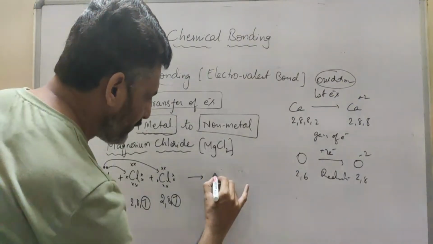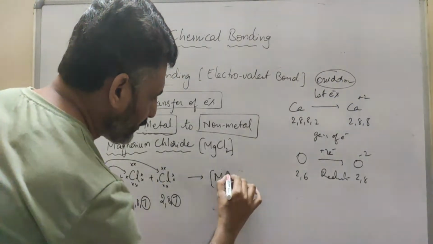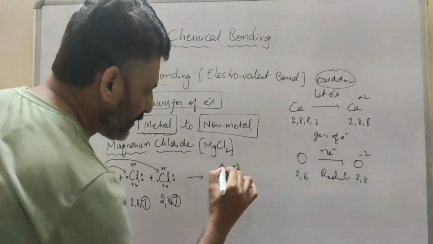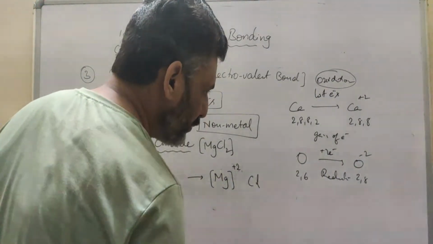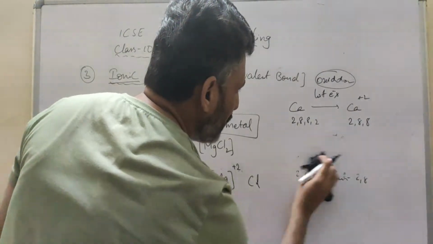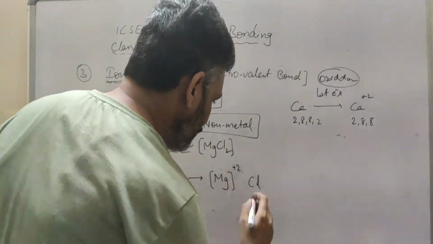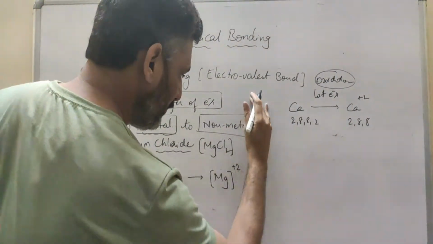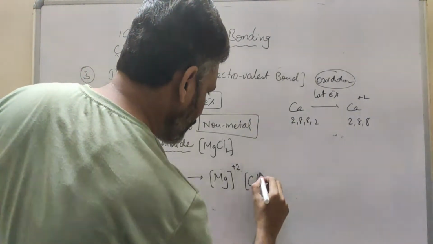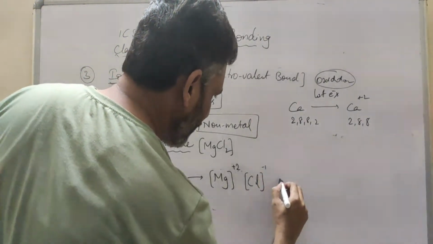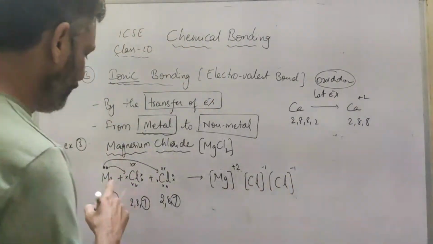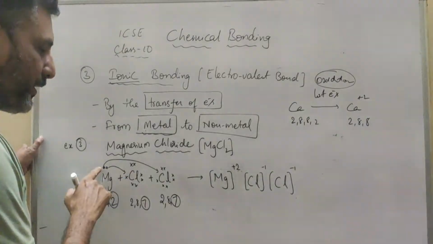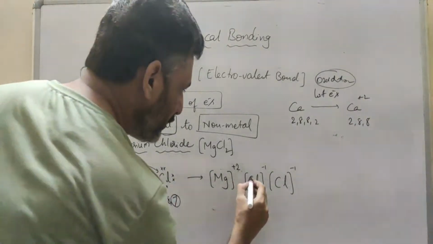Now after transfer of electrons, magnesium becomes Mg plus 2 and 2 chlorines are there. You need to show both the chlorines. Here, Cl minus 1 and Cl minus 1, and you have to show the electrons here because electron has transferred from magnesium to chlorine, right?